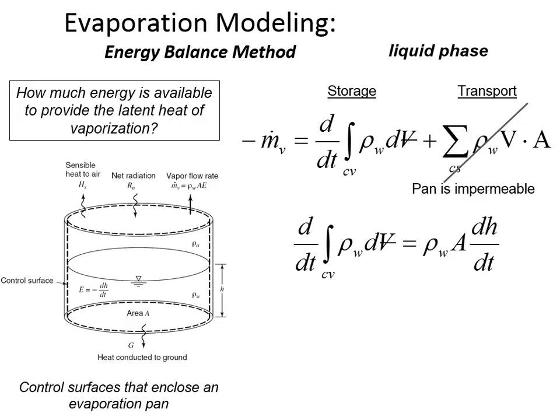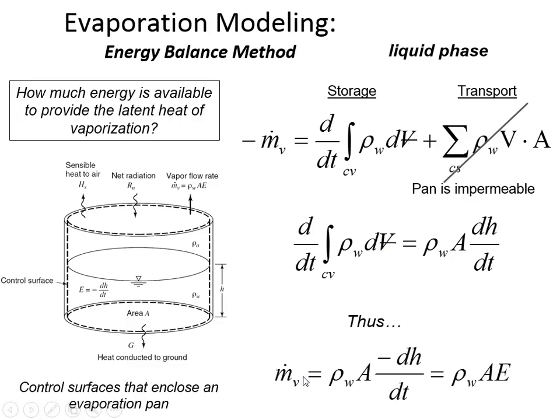You can rearrange this storage term to try and solve for how quickly the water level is decreasing. We were talking earlier about a volume of water. Well, if you know the area of the pan and you know the depth of the water, then the changing depth over time will tell you the vapor transfer rate out of the top of the pan surface.